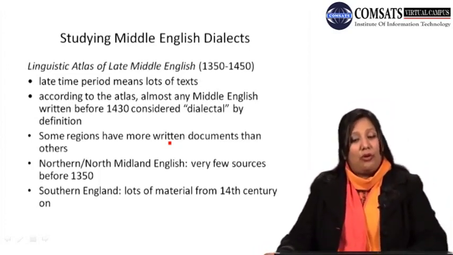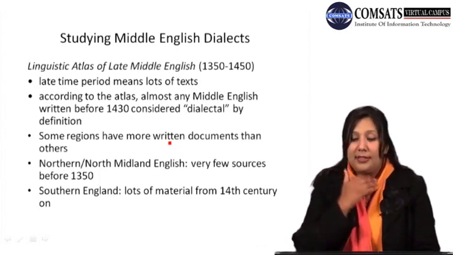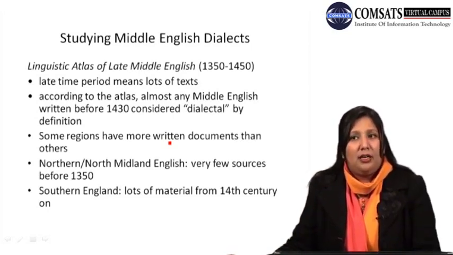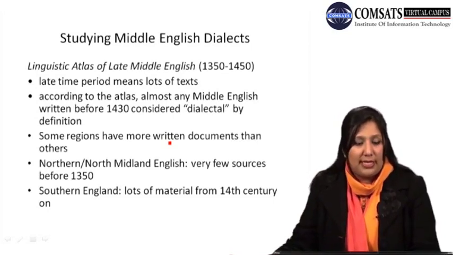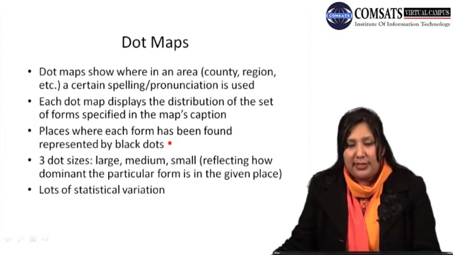But some regions have more written documents than others. For Northern and North Midland English, very few sources before 1350 are found, as we have studied, there was not much written record of the English language in that era. For Southern England, lots of material came from the 14th century on.